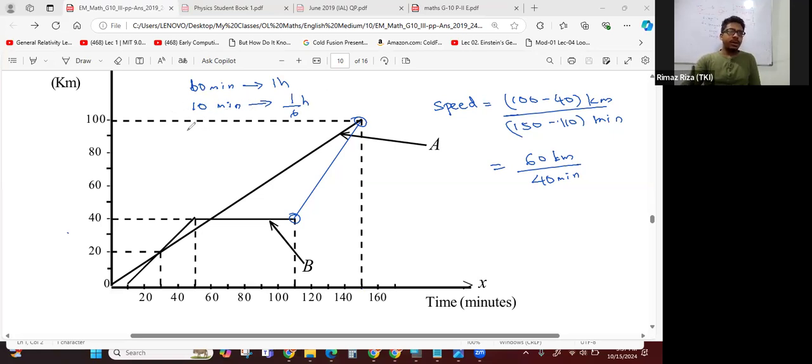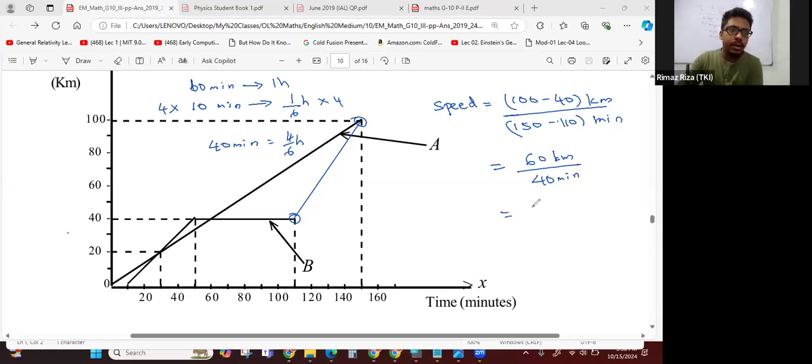Therefore 40 minutes, I multiply this by 4, so 40 minutes equals 4 over 6 hour. We can simplify 4 over 6 to 2 over 3 hours, or we can simply write it as 4 over 6 hours. I write it like that.